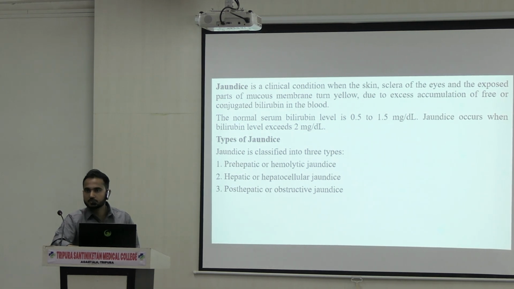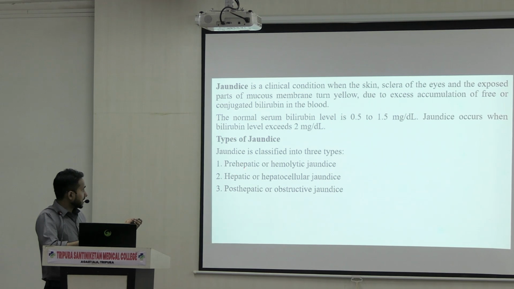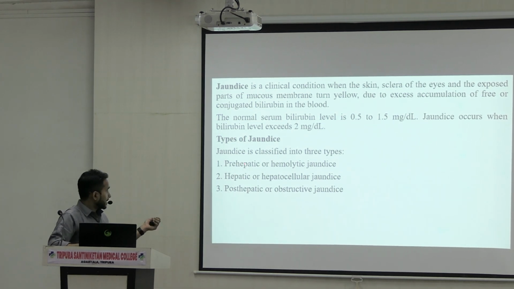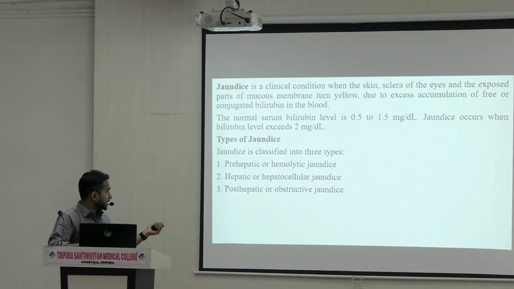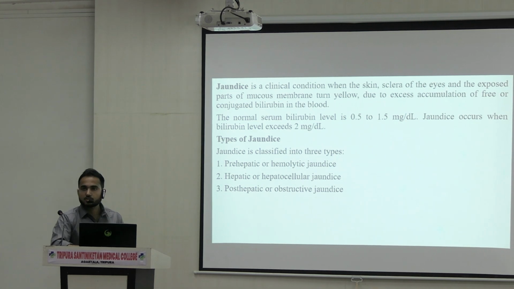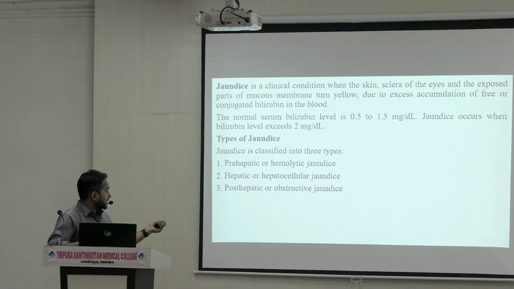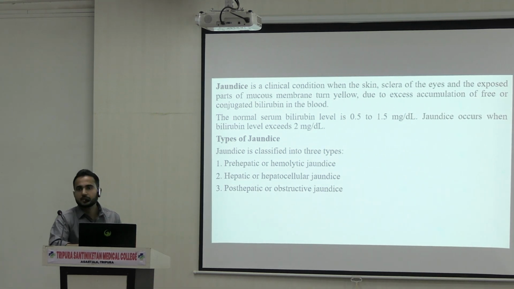Okay, three different types of jaundice are there: pre-hepatic, hepatic, and post-hepatic. Pre-hepatic and hepatic are mostly related to the liver. In case of pre-hepatic, mainly hemolytic jaundice is there, that means destruction of the RBC takes place. In case of hepatic or hepatocellular, there will be damage to the hepatic cells, the hepatocytes.